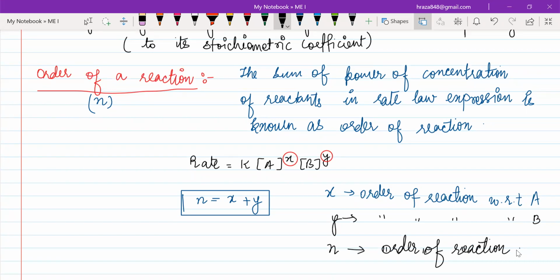So if you are given a rate law expression, you add the powers of the concentrations and you get the order of reaction.